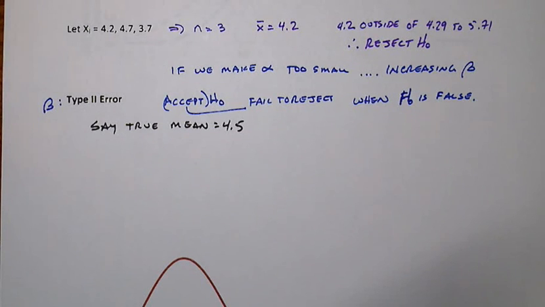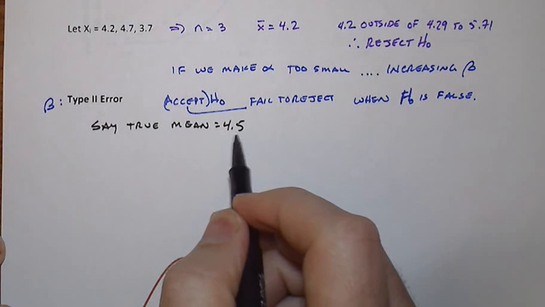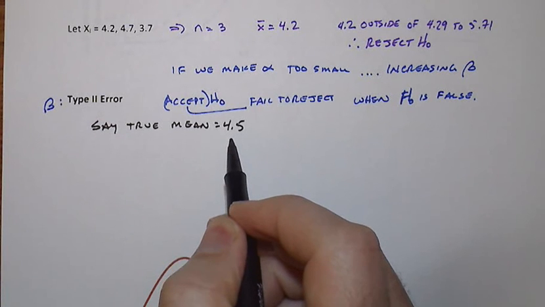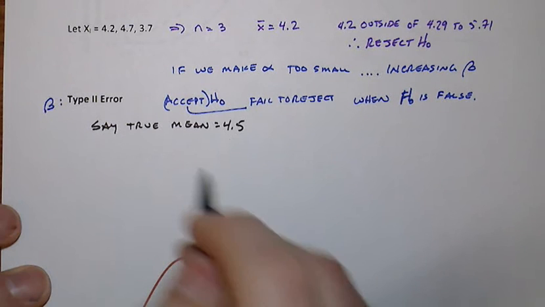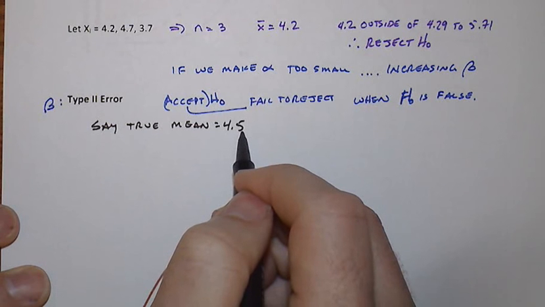It's a parameter variation. You're going to see in just a second that we're going to look at this for a whole lot of different possible values, but we're going to choose one at random just to show how you might do this. Okay, so if the true mean were actually 4.5, and that means we should have rejected the null hypothesis, which said that the true mean was 5.